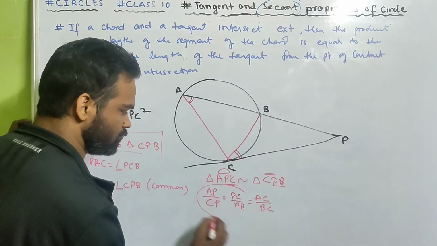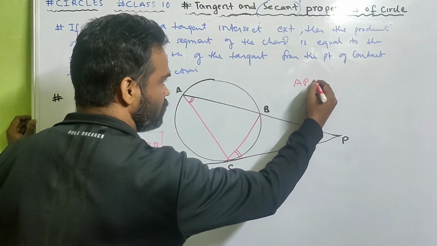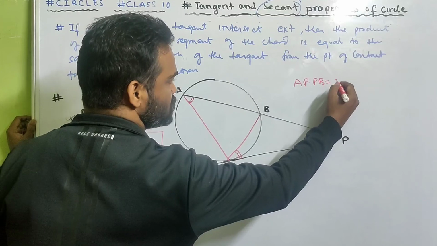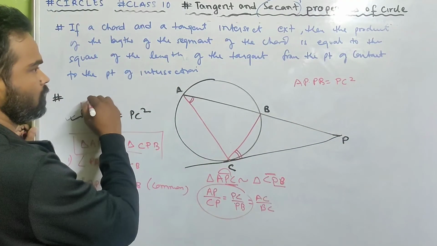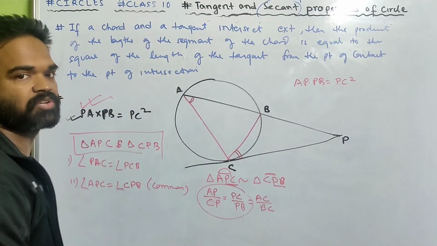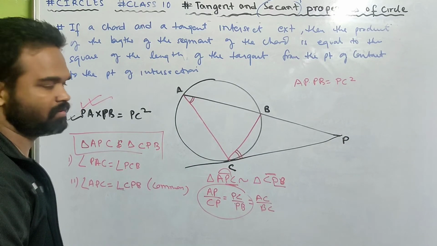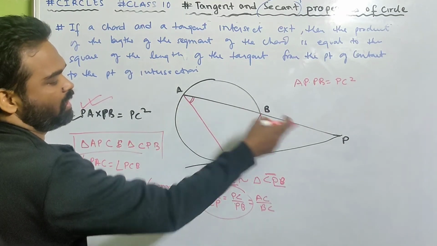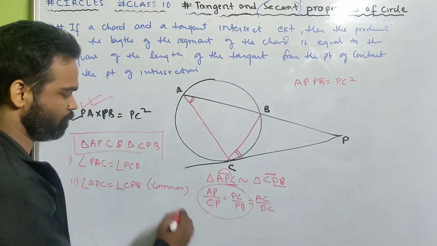Yes or no? Take these two. So AP multiplied by PB equals PC into PC, which is PC square. That's the theorem. Done. For the chord, PA into PB will be equal to PC square by similarity.